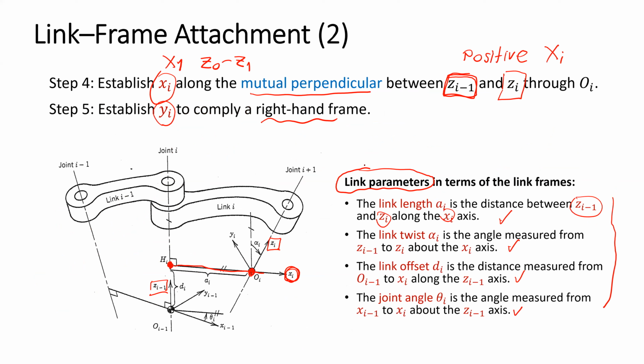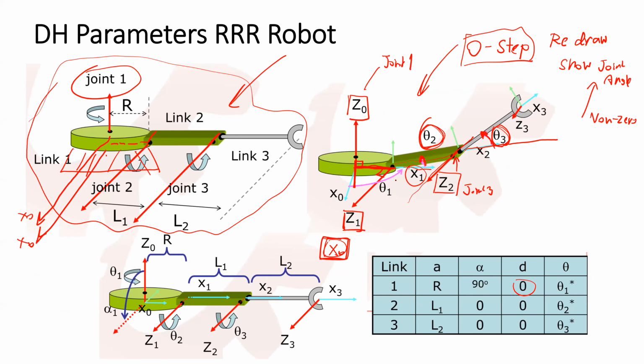The mutual perpendicular that connects Z0 and Z1 is this line, but O1 should be on the Z1 axis. So this is the O1 point, and the X1 direction is the direction of the mutual perpendicular. So X1 is this axis.